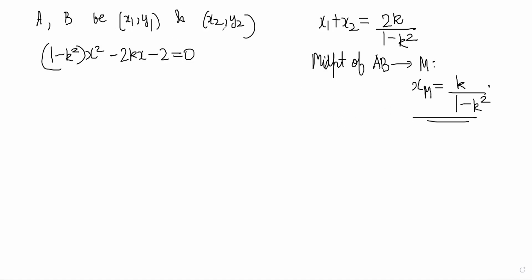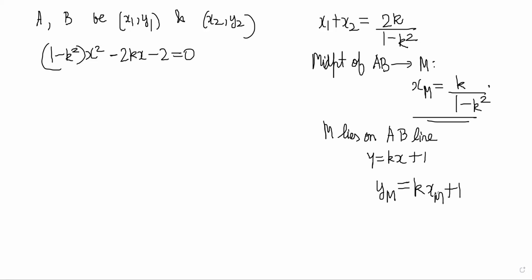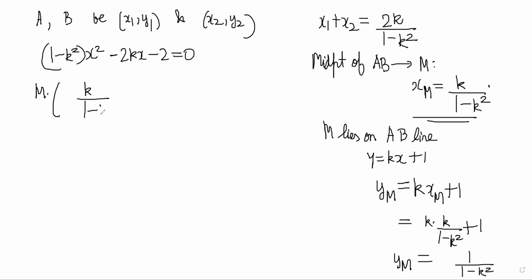M lies on line AB, whose equation is y = kx + 1, so the y coordinate of M is k times k/(1 - k²) plus 1, which becomes 1/(1 - k²). So the midpoint M is (k/(1 - k²), 1/(1 - k²)).